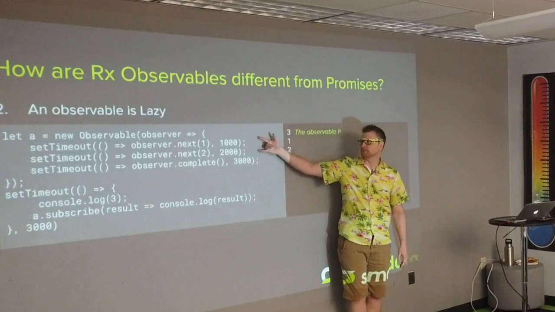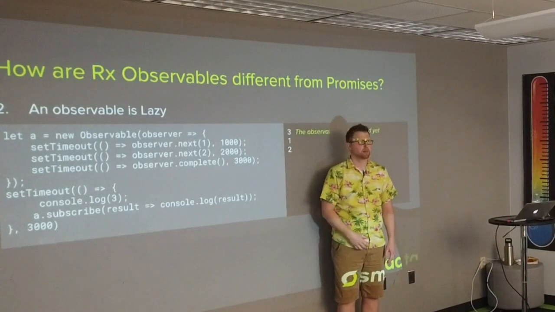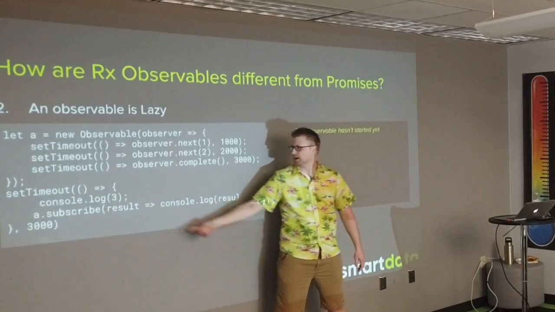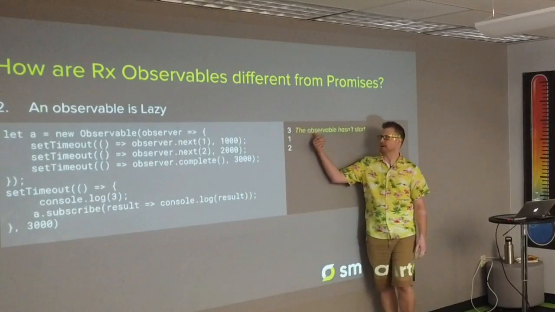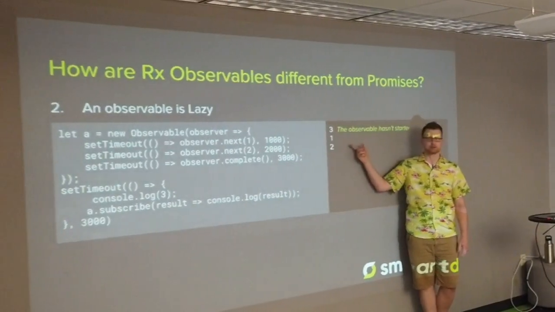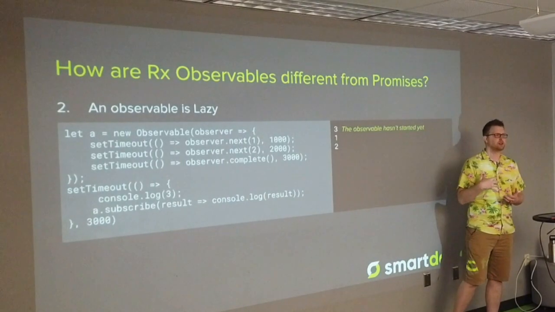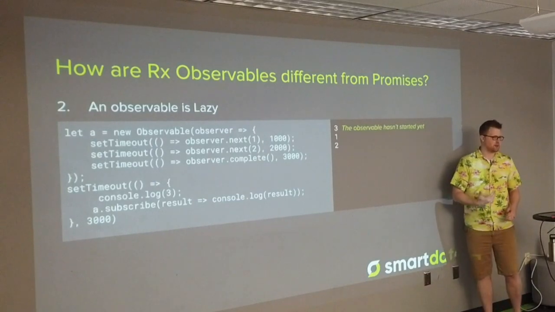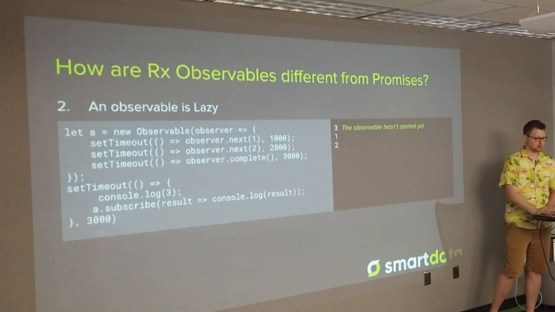Here we set up an observable, 1 second, 2 seconds, and then we wait before we actually subscribe to it. You can see this console log 3 hitting first before the observable fires, and then the observable fires 1 and 2. So it doesn't actually do anything until it's subscribed. It's not running in the background or anything. It's just waiting until your subscription is in there.